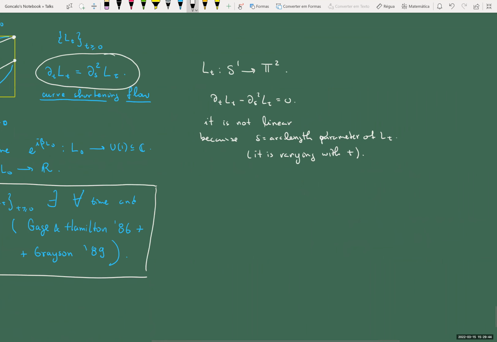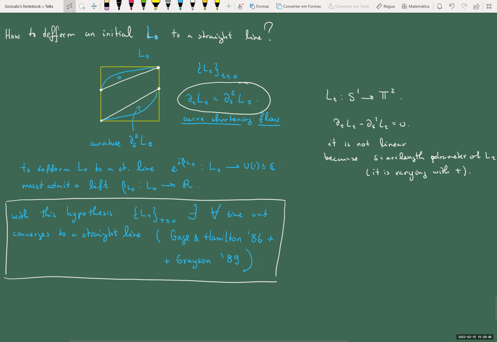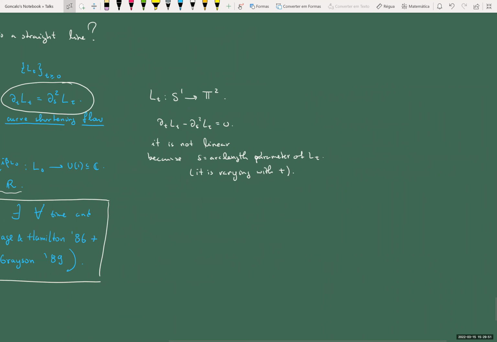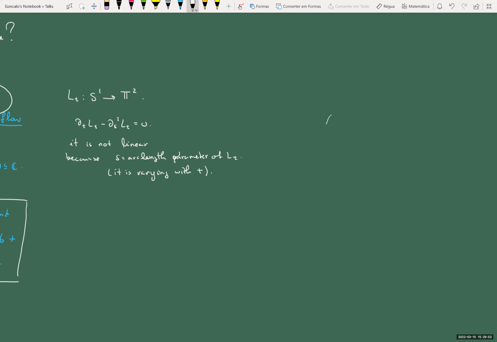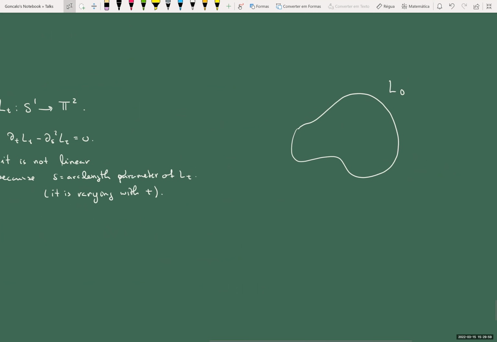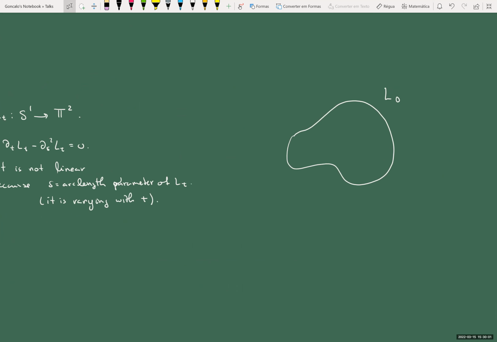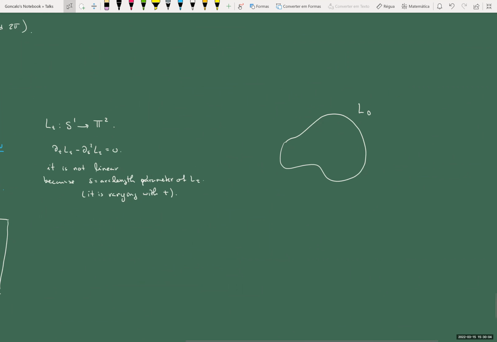If you violate this condition, then it must admit a lift. For example, if you start with an L_0 that is a closed curve, then it will indeed shrink to a point. It will never have self-intersections. It will get more round until it shrinks to a point.